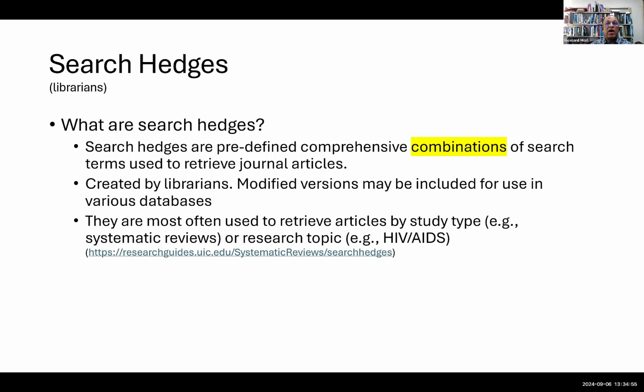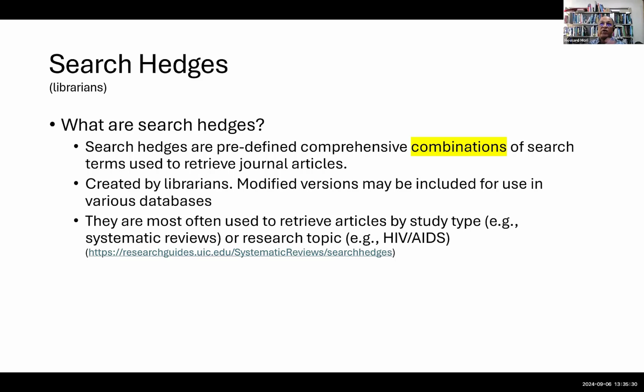Some of them may use field prefixes. Like if you're going to use keyword, you can use KW and then whatever term you're going to use. But other databases do not use KW. And for librarians and non-librarians, one of the big issues is that if you assume that what works in one database is going to work on the other, you're going to get mixed results, or you're not going to get the results that you need.